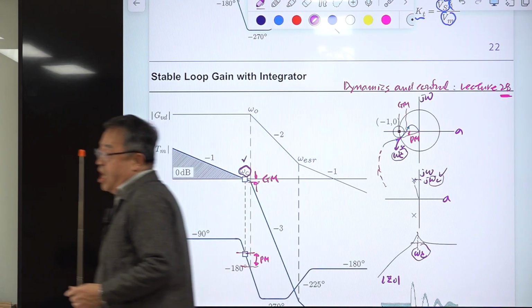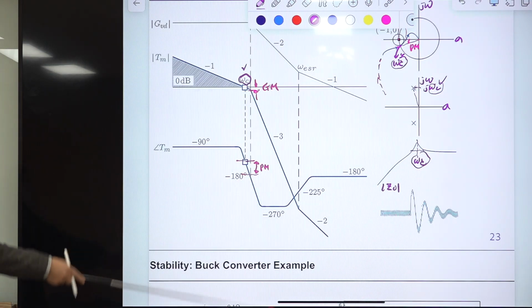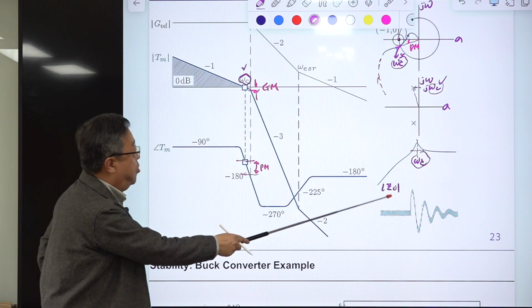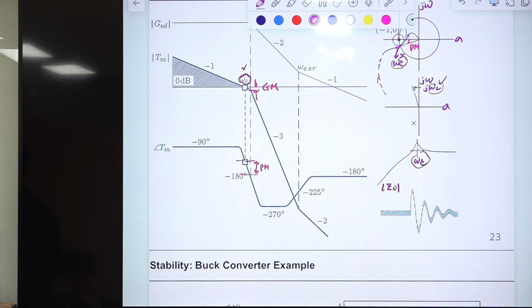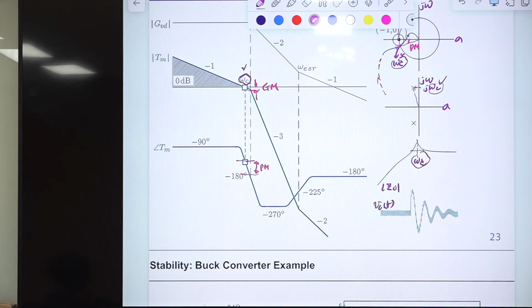And for omega C, if there is this situation, this is a step load response of our voltage. So a step load change occurs in our voltage. Then our voltage will be very oscillatory. Okay? What you want to have is something similar to this. This is possible actually. If I design properly, I will obtain this. Okay?